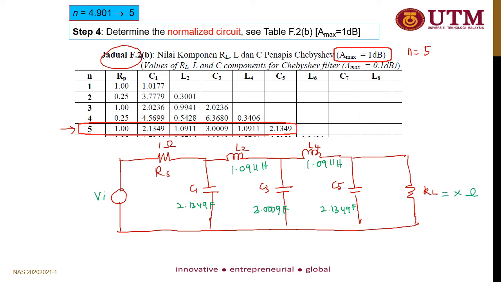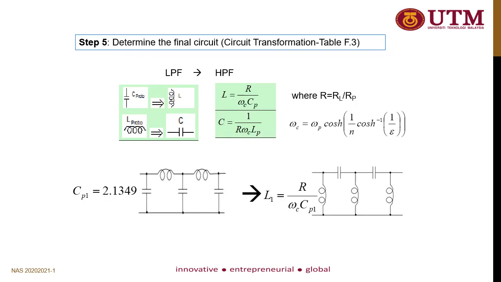So this is your normalized circuit. If the question asks you for the final circuit, then you need to do circuit transformation by referring to table F.3 and perform the transformation as shown in the earlier example.